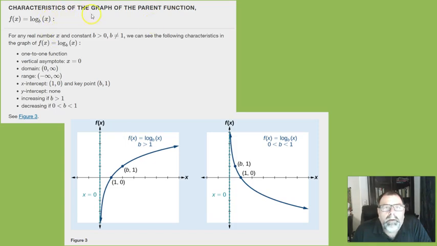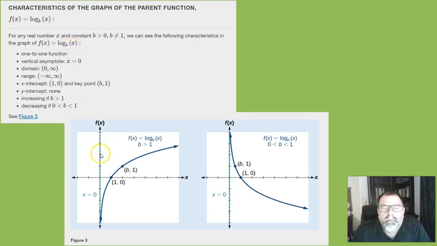Okay, so some characteristics of the graph of the parent function f of x equals log base b of x. For any real number x and constant b greater than 0, where b is not equal to 1, we can see the following characteristics in the graph of f of x equals log base b of x.